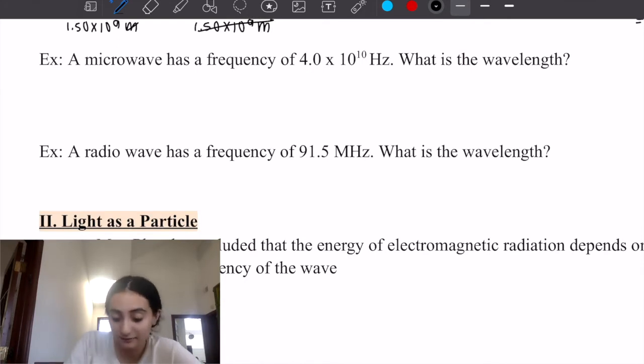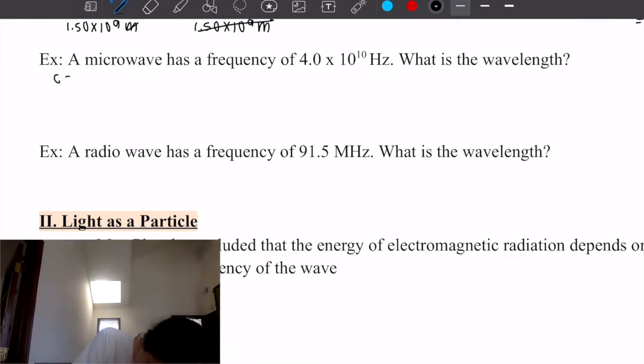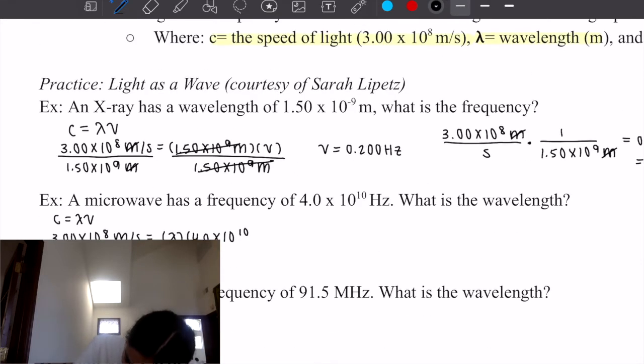A microwave has a frequency of 4.0 times 10 to the 10 hertz. What is the wavelength? Same equation. C equals lambda nu. I always like to write it out first. So we have 3.00 times 10 to the 8 meters per second equals wavelength times 4.0 times 10 to the 10th hertz.